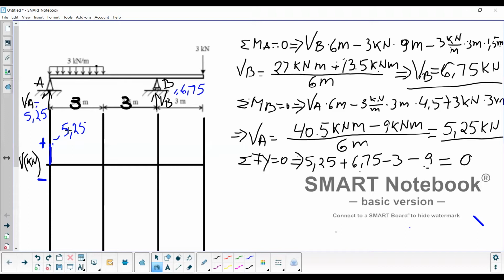So from 5.25, we're gonna go down 9 kilonewtons, which means I'm gonna have here a value of 3.75, and we draw, there you go. It will look something like that. Positive on the top here and negative at the bottom.